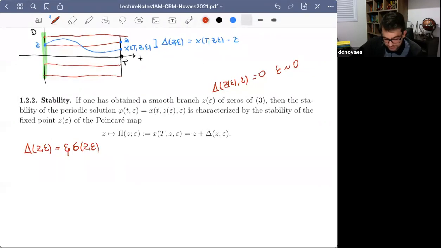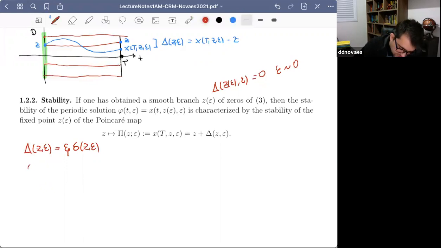In order to investigate the stability of the fixed point of the Poincaré map, a first thing that we can do is look at the linearization of the Poincaré map. Basically, compute the Jacobian of the Poincaré map and study its eigenvalues.